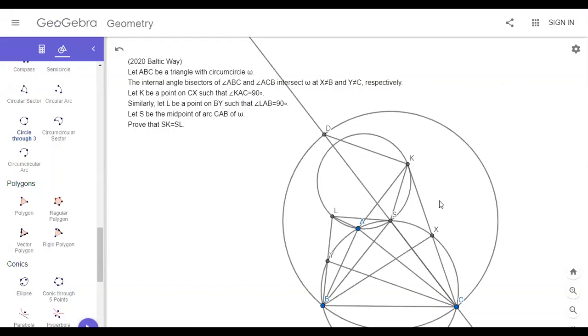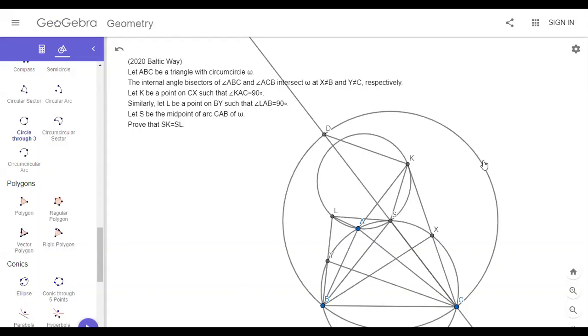Okay. I think it might, because we want to show SK is equal to SL. That's the same as saying angle LAS is equal to angle ASK. I think it would solve the problem.